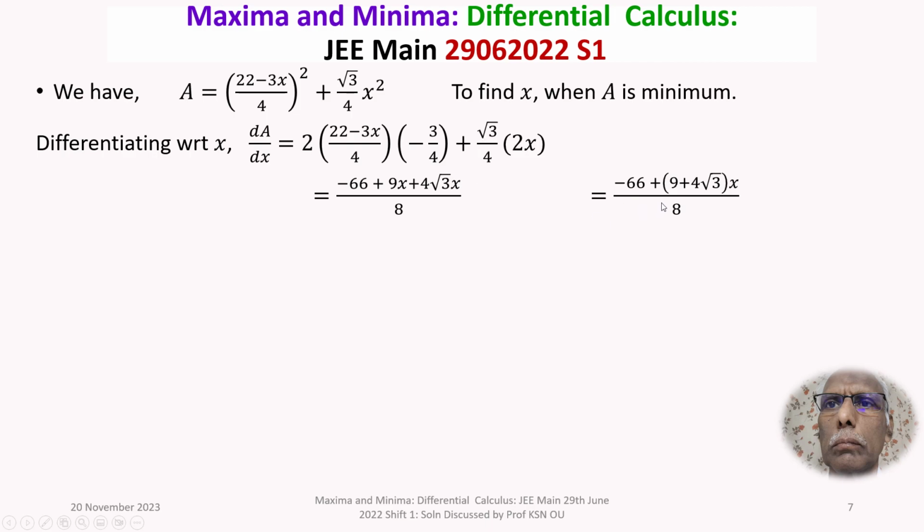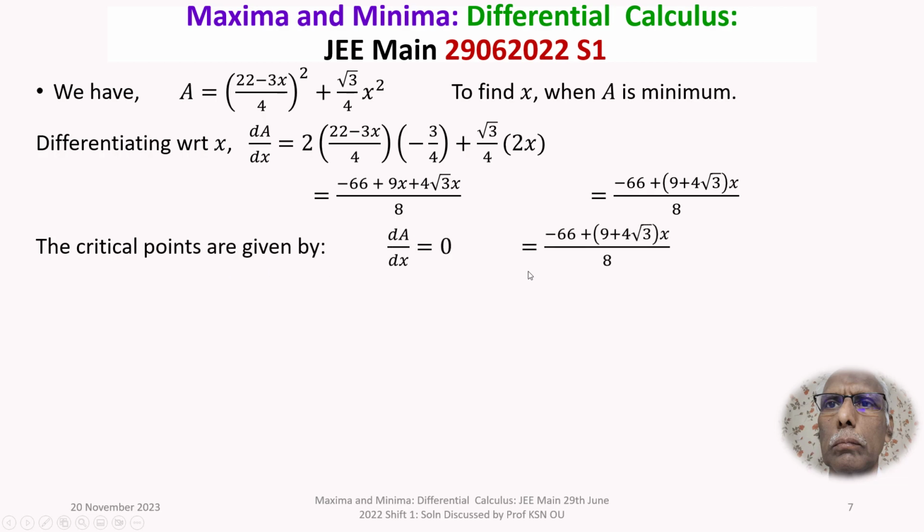So that is precisely equal to minus 66 plus (9 plus 4 root 3) into x, all by 8. We equate dA by dx equal to 0 to get the critical points. dA by dx equal to 0 will give you x is equal to 66 by (9 plus 4 root 3). That is the critical point.